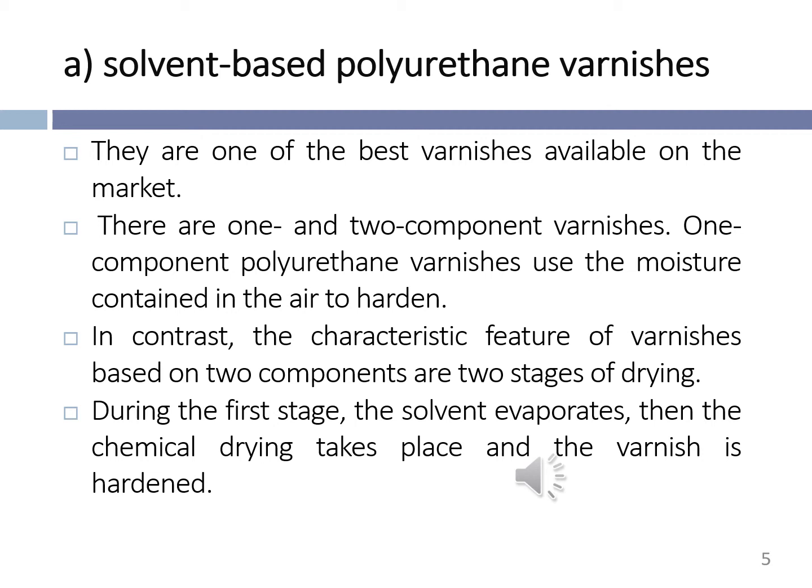During the first stage, the solvent evaporates, then the chemical drying takes place and the varnish is hardened. So how does the process of drying take place in the two component based varnishes? In the first step, the solvent evaporates. And when the solvent evaporates, then the chemical drying takes place. And after the chemical drying takes place, the coating of varnish is hardened.